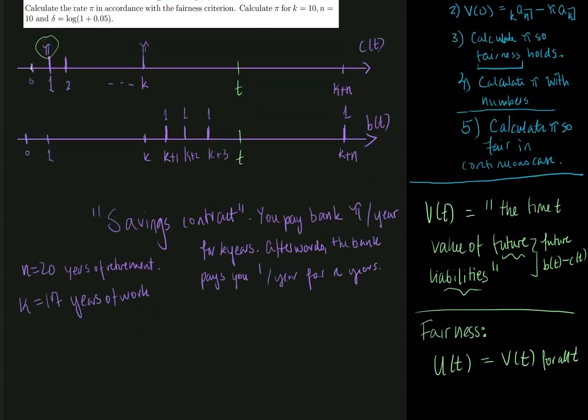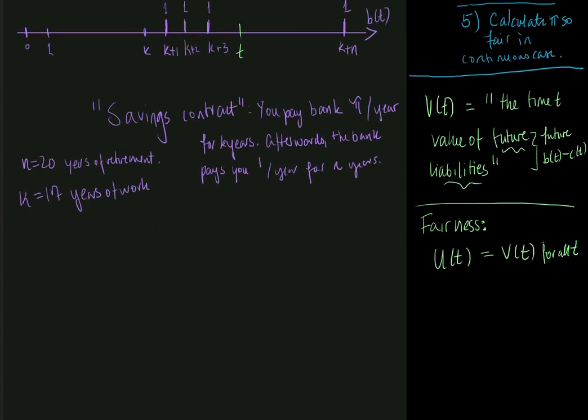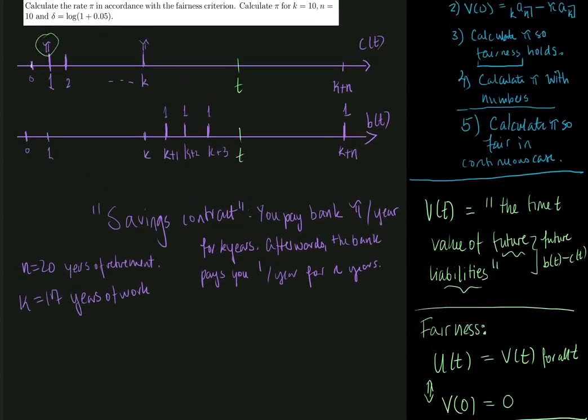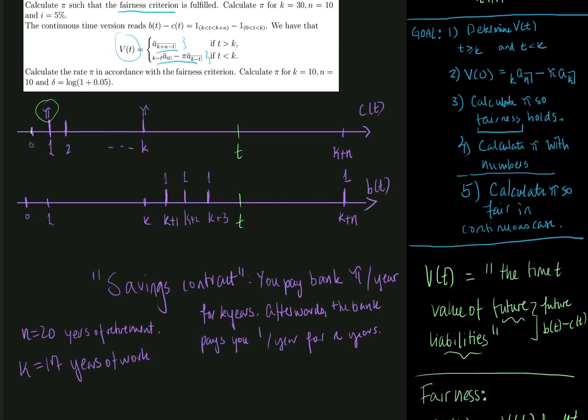Now, what does this thing mean, fairness? Well, apart from it meaning that U of t is equal to V of t for all t, this is actually equivalent to the fact that V of 0 is equal to 0, which is the fairness criterion that we use in order to determine pi.